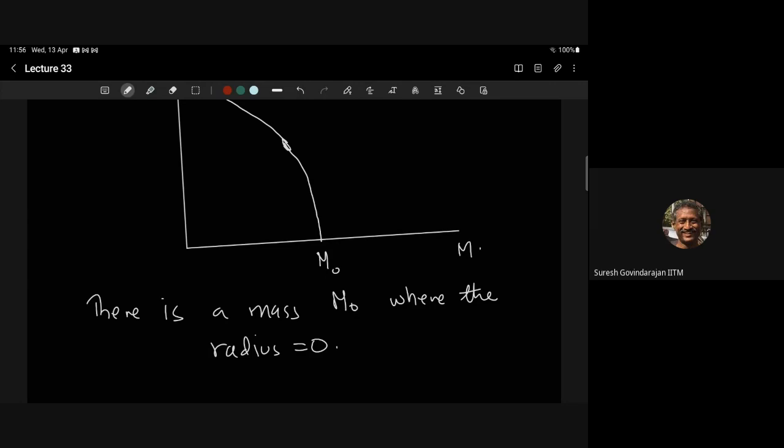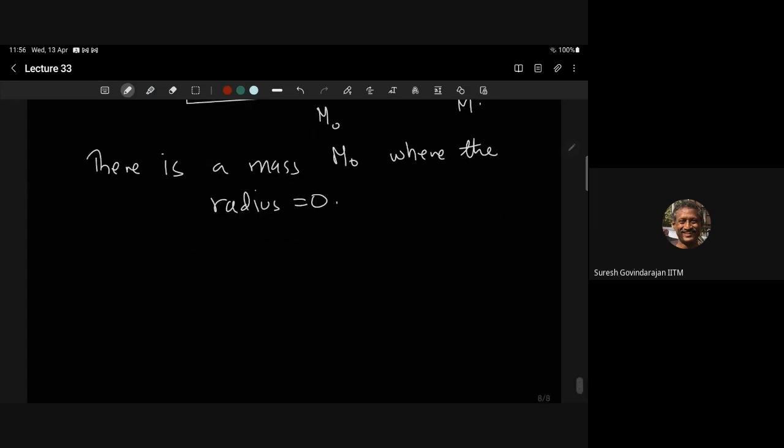The electron pressure cannot cancel the gravitational pressure. So at this bottom end, things break down. We can get a formula for m naught, but okay, I will write the formula. So that fudge parameter alpha comes.